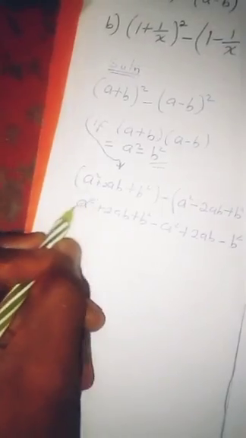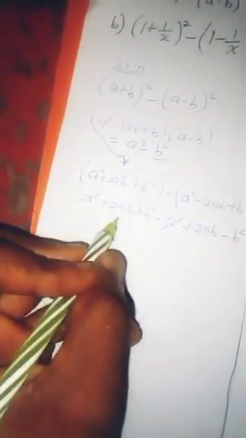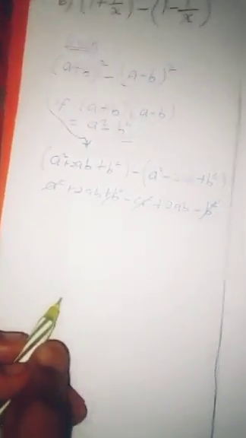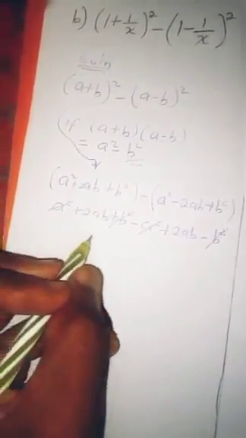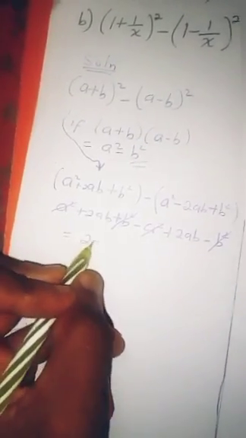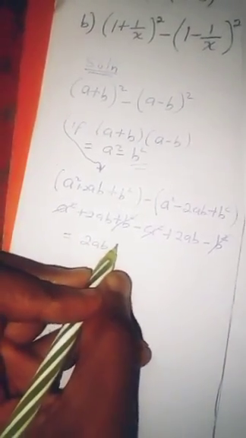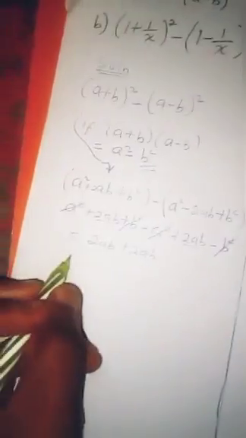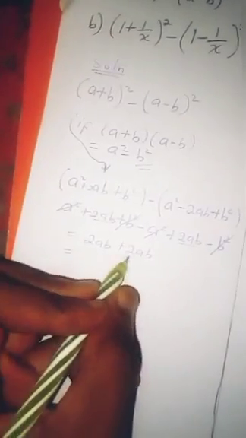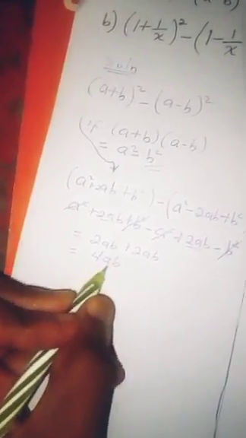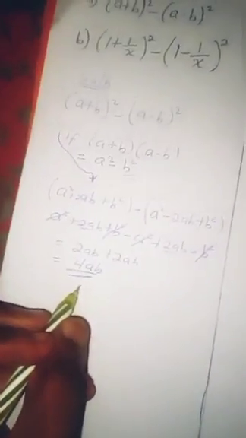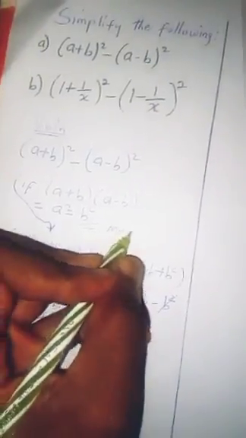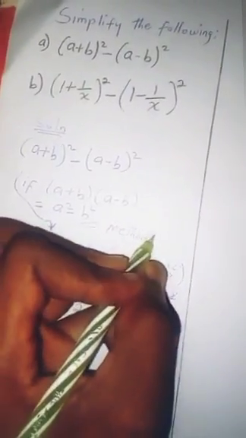So this and this cancel out, this and this cancel out because they are inverses. Therefore we have 2ab plus 2ab, 2 plus 2 is 4, with the ab attached. So 4ab will be our answer. This is workable using method 1.